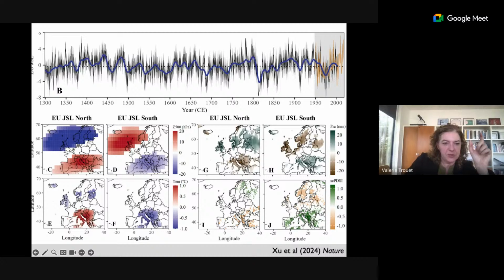You can see it in the temperature, in the air pressure, in the drought, even in the precipitation and so forth. It is a really consistent pattern that whenever Northwestern Europe is hotter and drier than normal, Southeastern Europe is wetter and colder than normal, and vice versa.